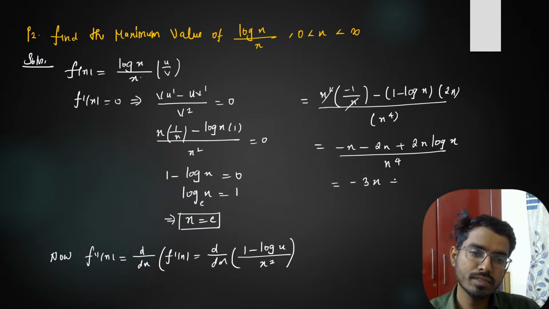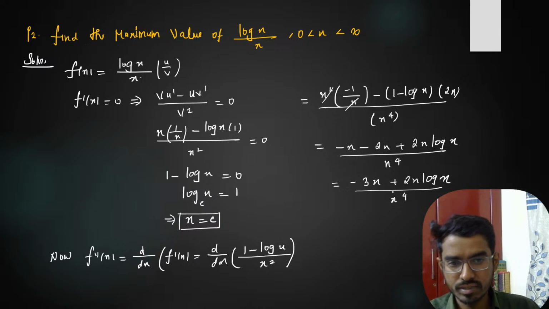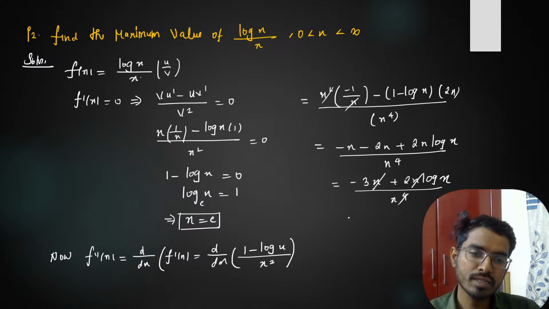So we have minus 3x plus 2x log x whole divided by x power 4, right? Minus 2x minus 3x plus 2 log x. So 1 x I can cancel. So minus 3 plus 2 log x whole divided by x cube. This is our f double dash of x.